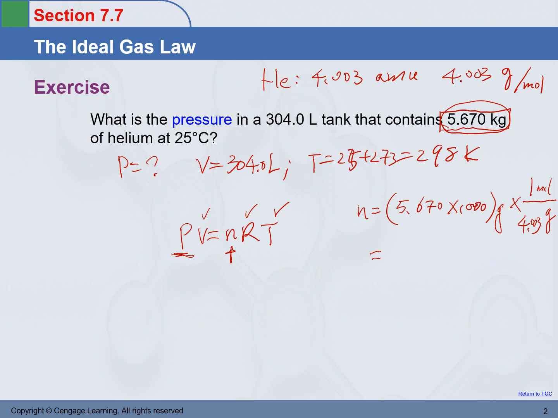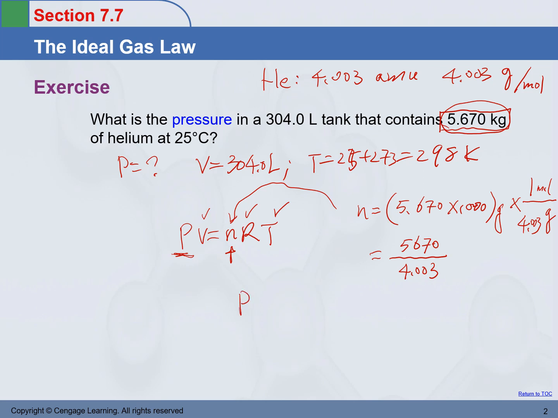Well, you can calculate out the final answer for n and then plug it in here. I would just leave it like this. 5.670 times 1,000 divided by 4.003. I'll just put this number in the formula.